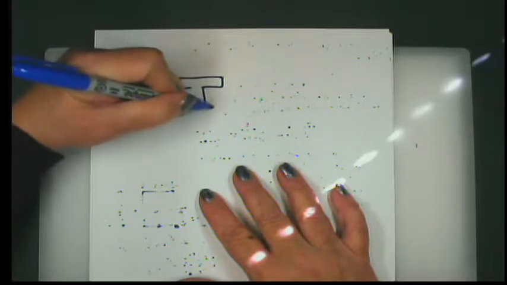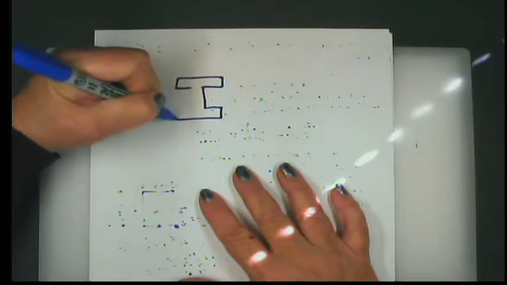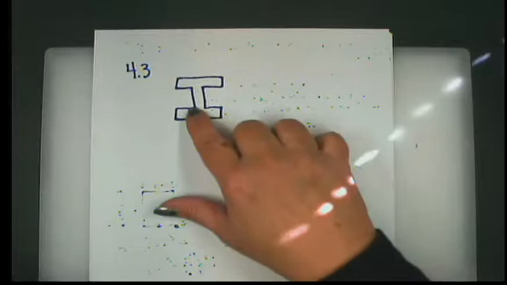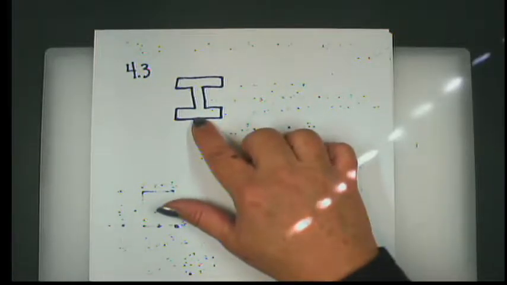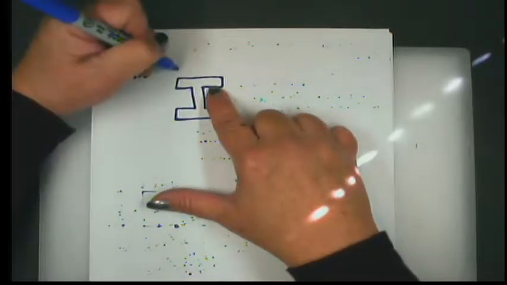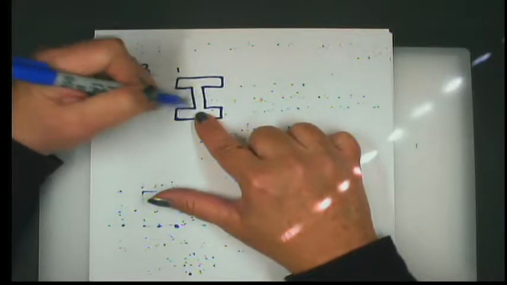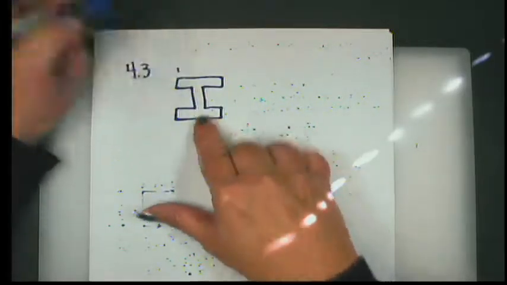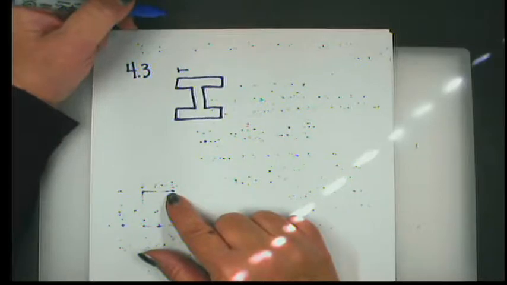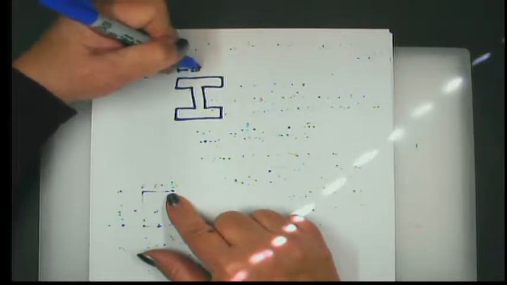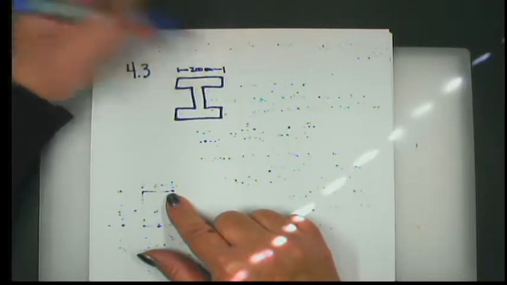Okay, problem 4.3. The cross section looks like this. And this is called the web and this is called the flange, but it's also the shape of an I-beam. We're told that this dimension is 200 millimeters.